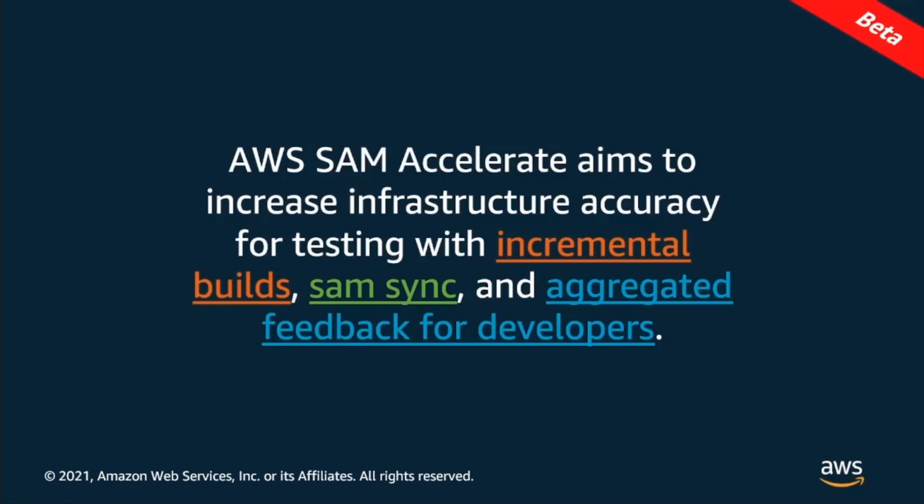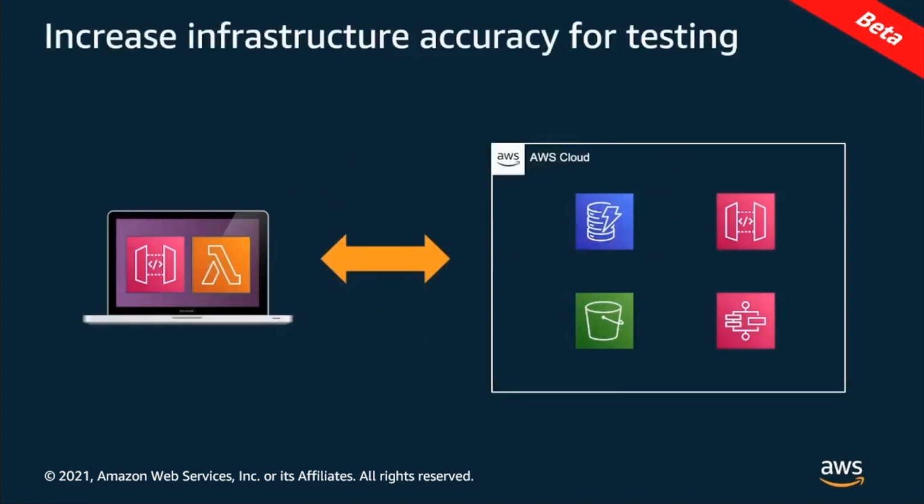Now, what do I mean by infrastructure accuracy? Well, like I said earlier, we see so many folks that want to build and they try to emulate so much in the cloud. But what we encourage is emulate as little as possible. And with SAM local, that's what we're encouraging. Pretty much API Gateway and Lambda. There's also a local version of Step Functions if you need to use that.